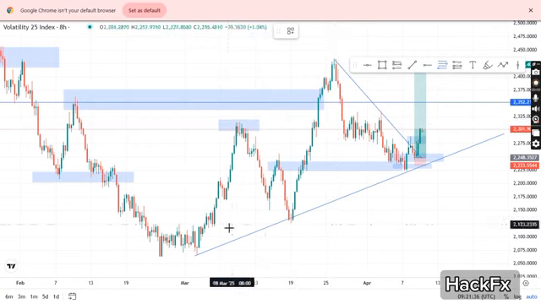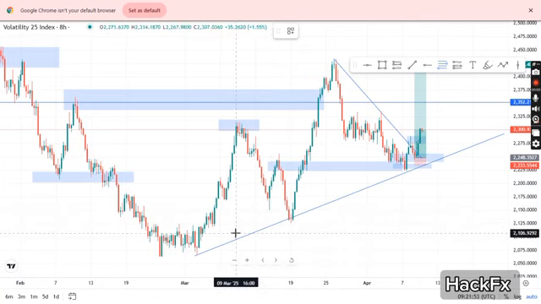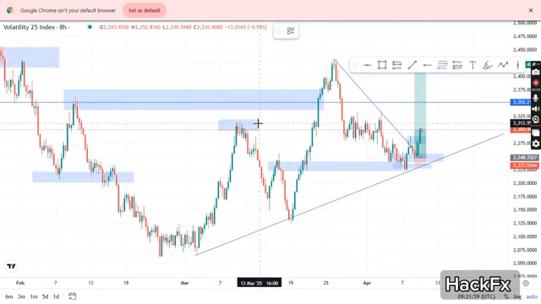Some of you don't know how to use the Fibonacci retracement tool. How we use it is that we use it in a trending market. You don't use it in a consolidating market, you only use it in a trending market. Now the market is trending, it has changed, it has a broken structure here.